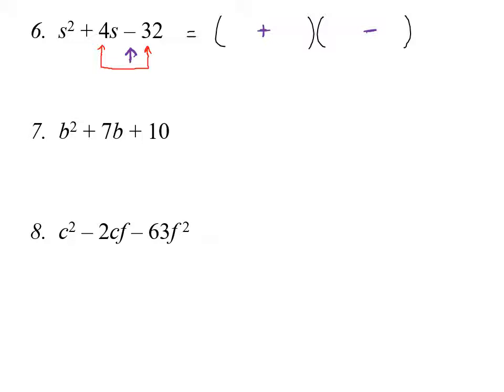That would be 8 and 4. 8 times 4 gives you 32. 8 minus 4 gives you the 4. Since the 4 is positive, that makes the 8 have the positive and the 4 have the negative. The s squared just becomes s times s. And that's your answer. Again, you can check it by FOILing.